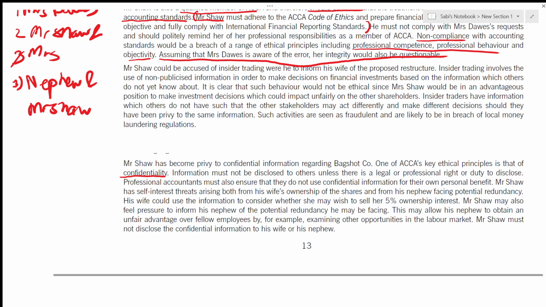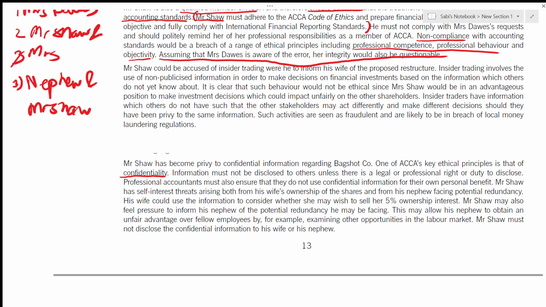So you will be under pressure to tell. Just imagine yourself in the condition which Mr. Shaw is facing, and then you will know the answers you should write in this case. So that's an exam technique. On your exam day, you can use this technique.